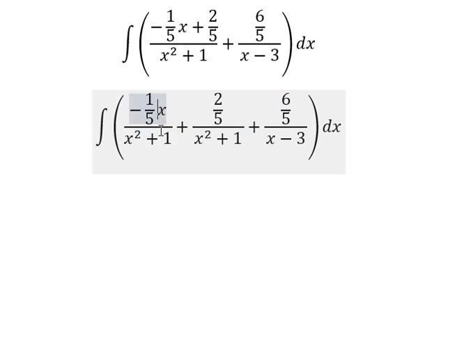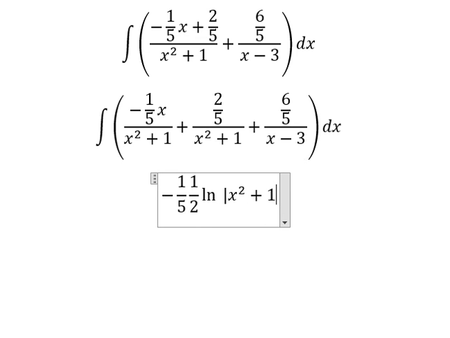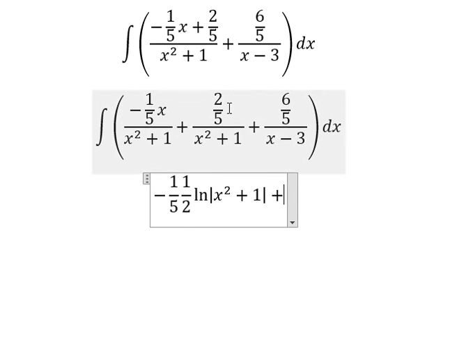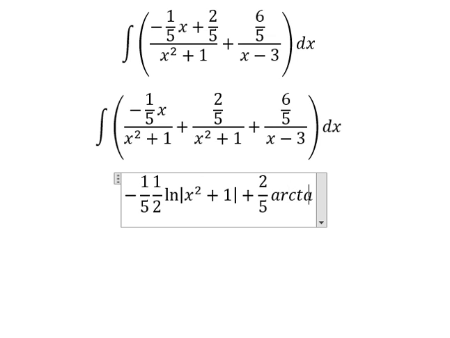So the integration of this one, we have negative 1 over 5 multiplied by 1 over 2, ln of the absolute value of s squared plus 1. The integration of this one, we have 2 over 5 tan of s.